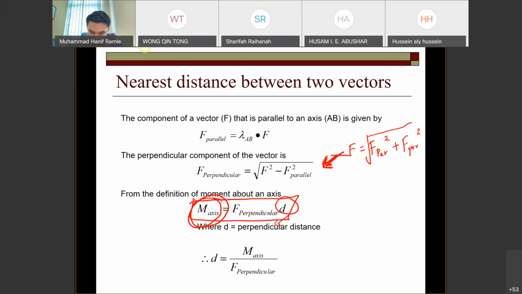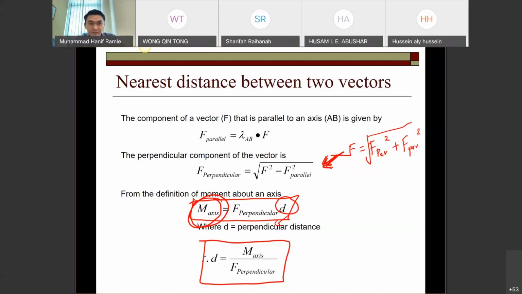Rearranging, you get the final equation for the nearest distance between the axis and F: D equal to M axis over F perpendicular.